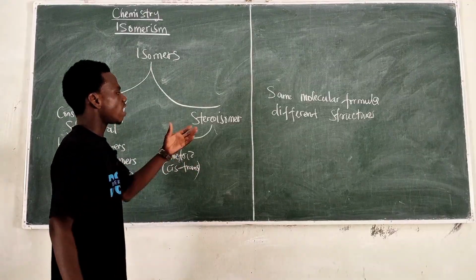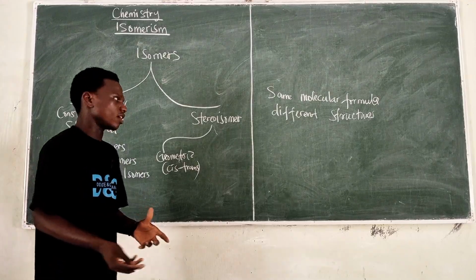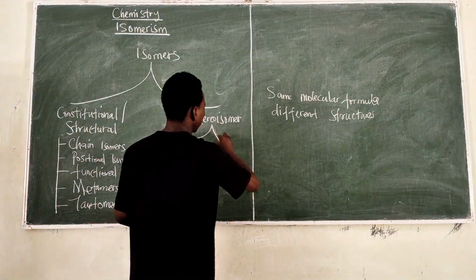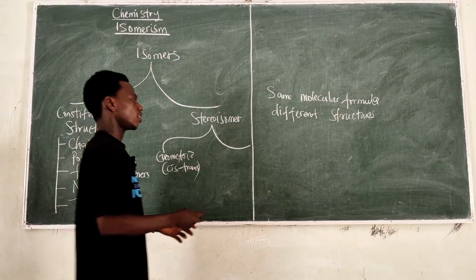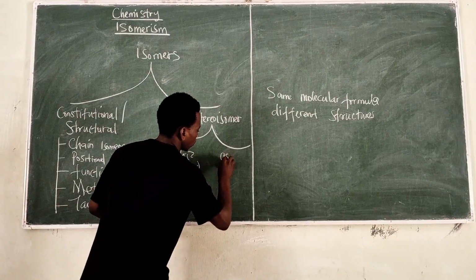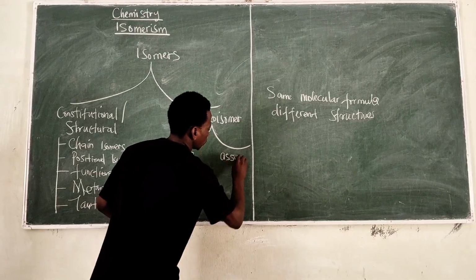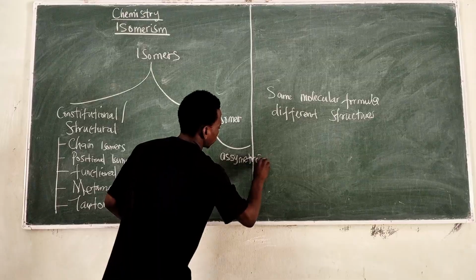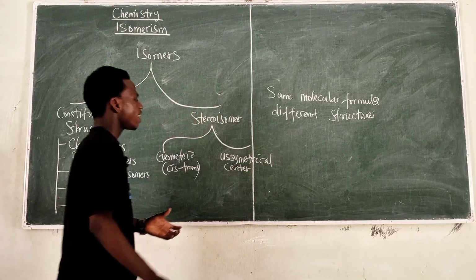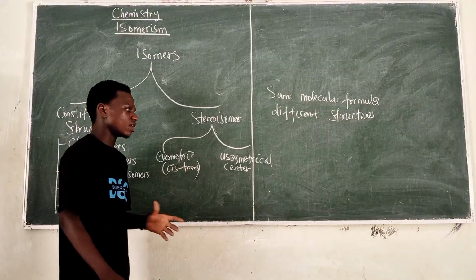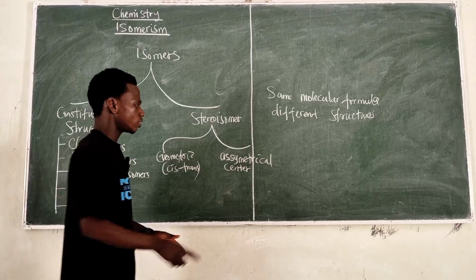And then we also have isomers that have an asymmetric center. Under here, we have 3 types of isomers with an asymmetrical center.